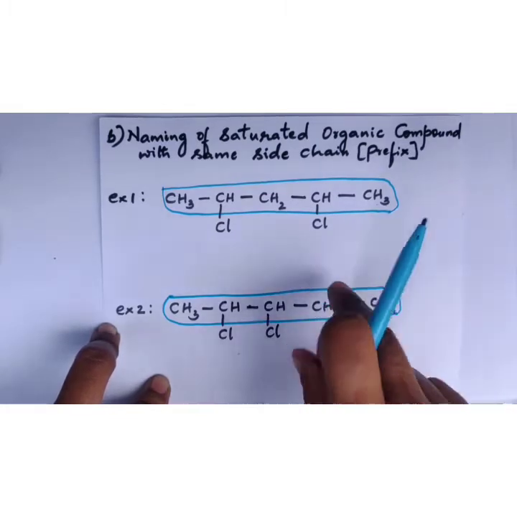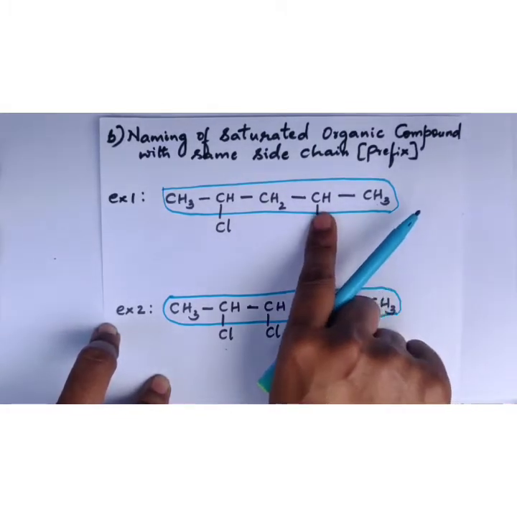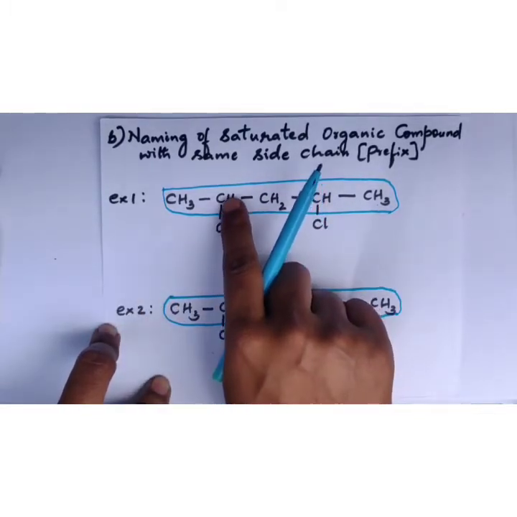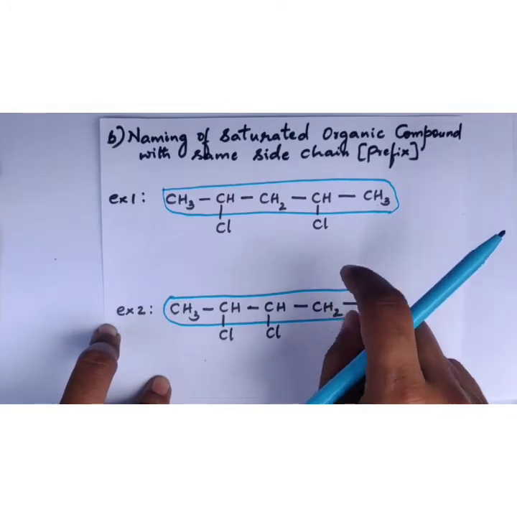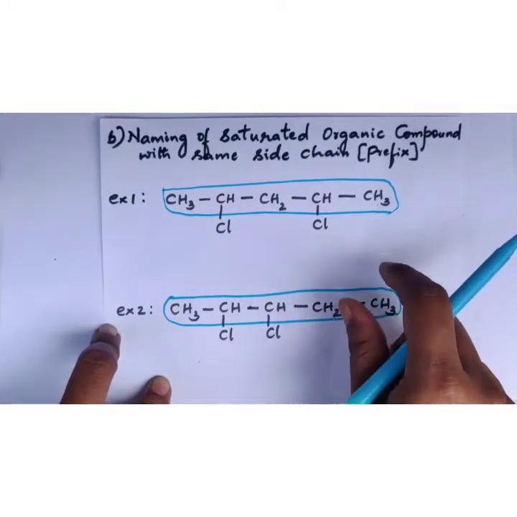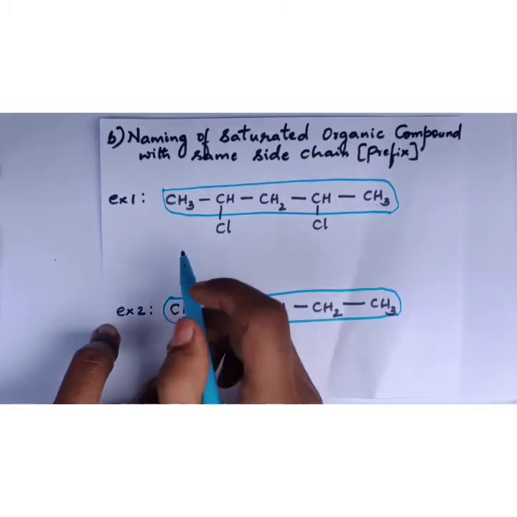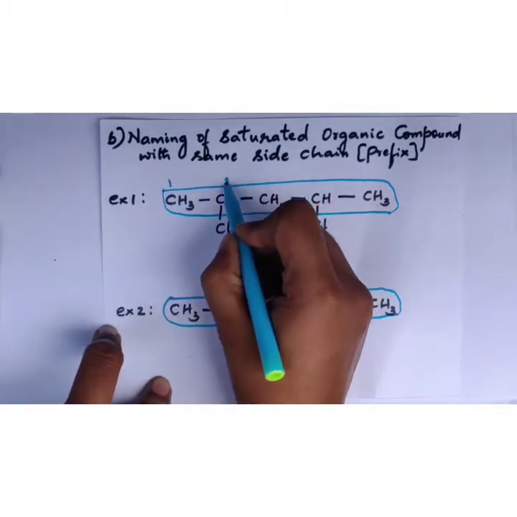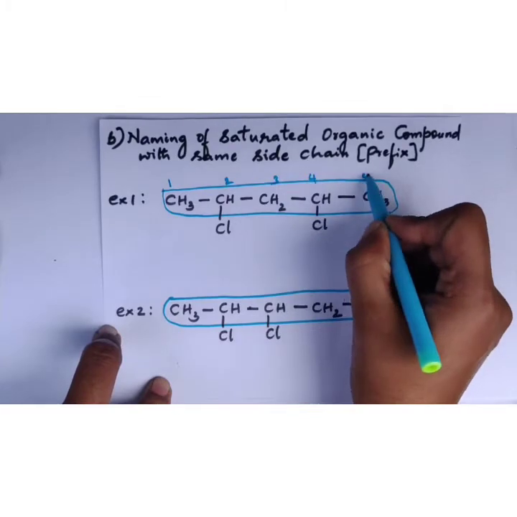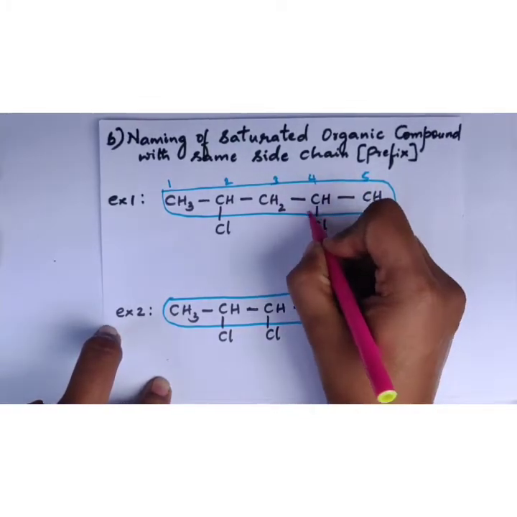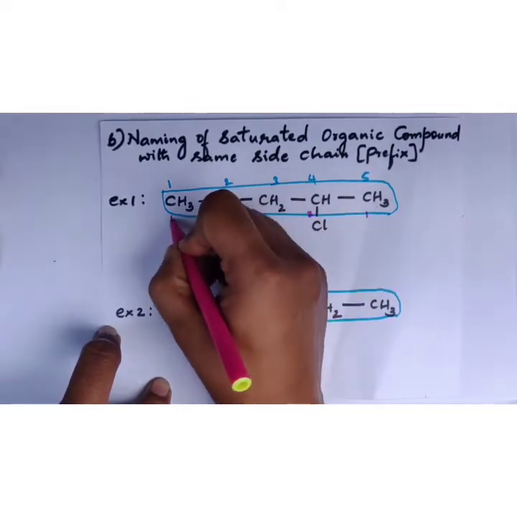If there is one prefix attached, you could have numbered according to the second rule, that is, the locant should get the lowest numbering. But here it is a little difficult. Because of that, you have to follow lowest sum rule, that is, LSR. Now number it from both sides: 1, 2, 3, 4 and 5 here, and go from the right side, 1, 2, 3, 4, 5.